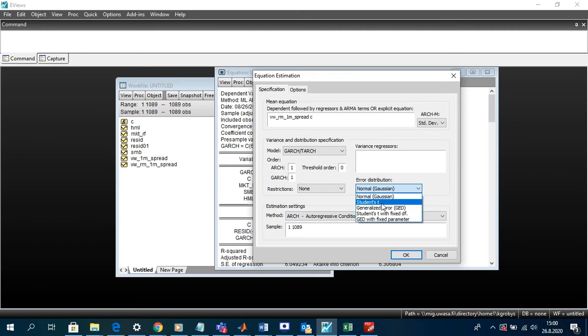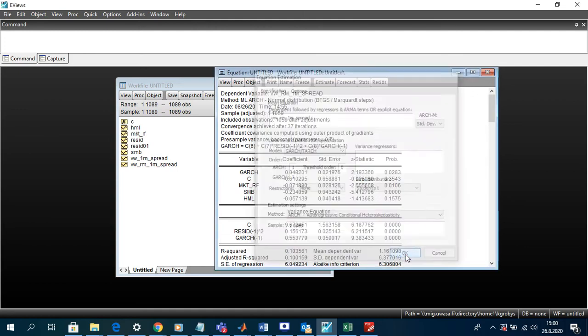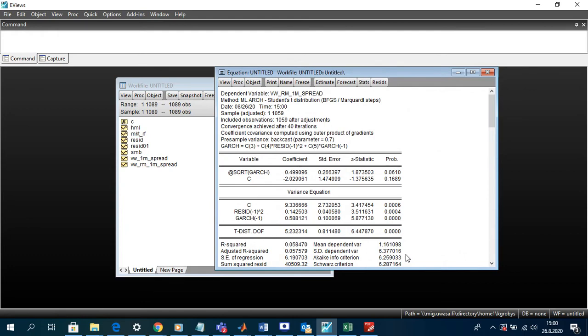If we use this distribution and push the OK button, we get the corresponding estimate using the t distribution. Based upon this estimation procedure, maximum likelihood, and having optimal degrees of freedom, we get a t distribution with 5.2 degrees of freedom, and we see here the degrees of freedom are significant. So this is the correct, or at least more correct, distribution.